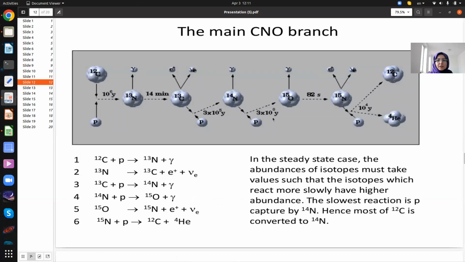In the main CNO branch, in the steady state case, the abundances of isotopes must take values such that the isotopes which react more slowly have higher abundance. The slowest reaction is proton capture by nitrogen-14. Hence, most of carbon-12 is converted to nitrogen-14.